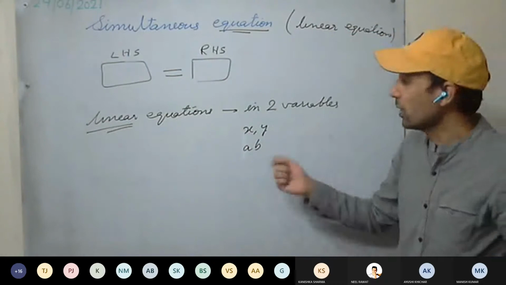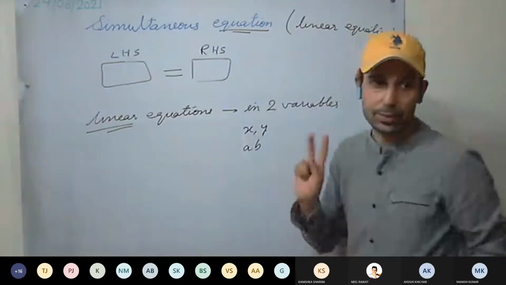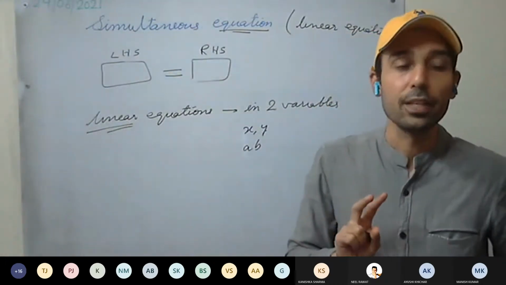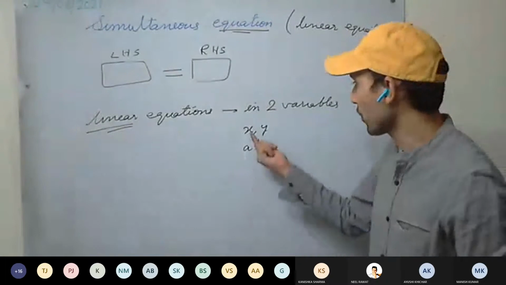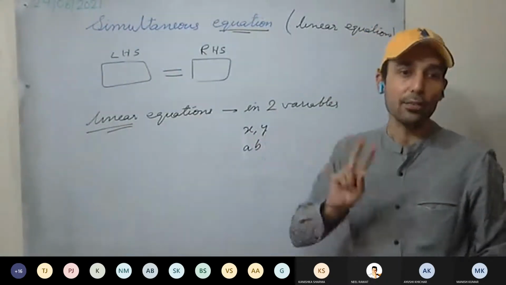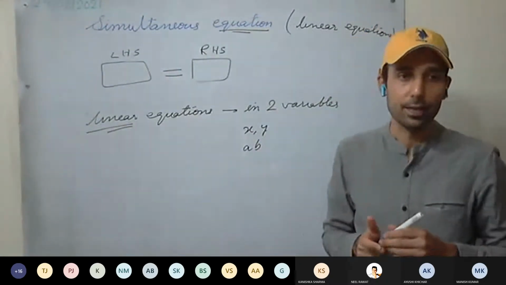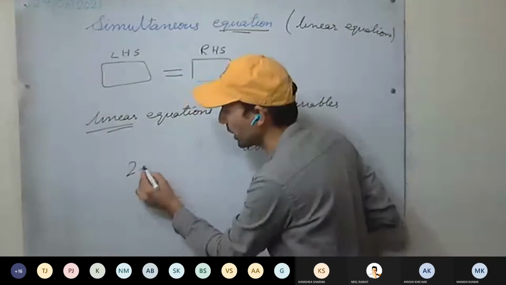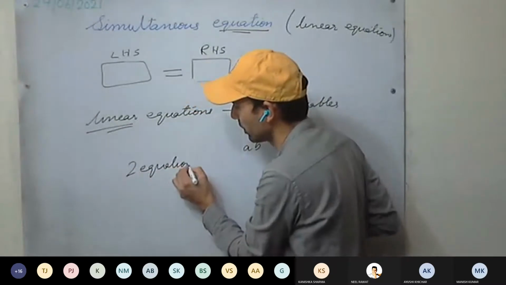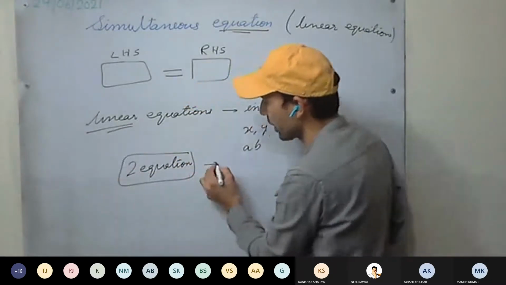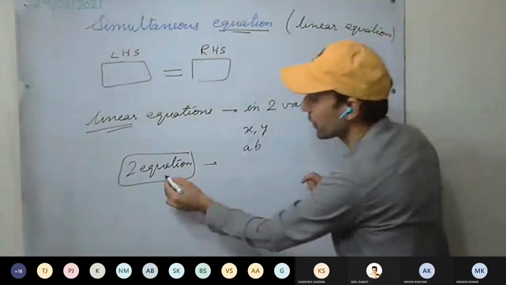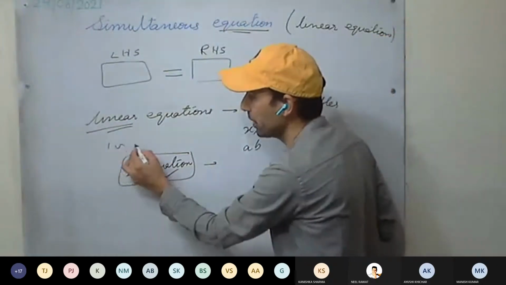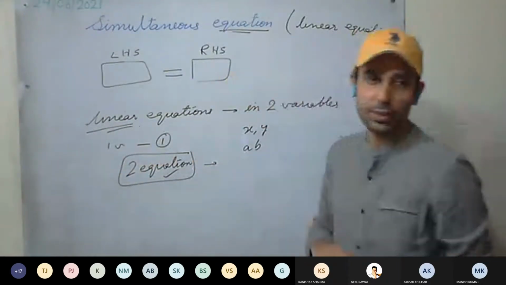Now, if we have two variables in an equation and we have to solve for these two variables, how many equations do we require minimum? We require two equations to solve. If we have two variables, we require two equations. If we have one variable, we require only one equation.